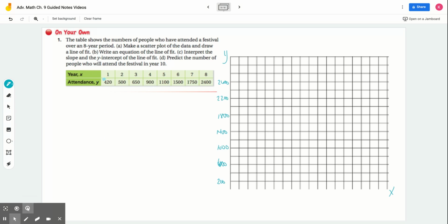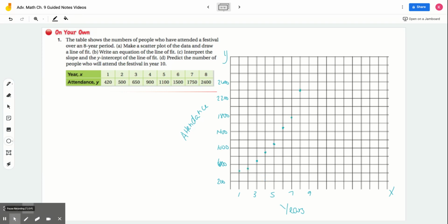On my x-axis, I see that we're counting by ones, 1 through 8. So I'm going to label down here 1, 2, 3, 4, 5, 6, 7, 8, and then we'll go ahead with 9. The x-axis is for years, and the y-axis is for attendance. Now, just like in lesson 1, we're going to plot these points on this scatter plot. Go ahead and do that now.